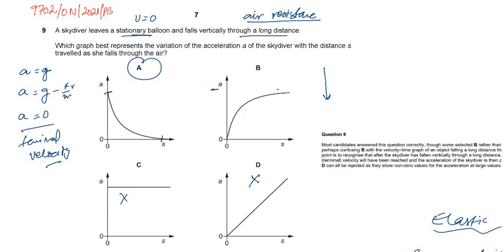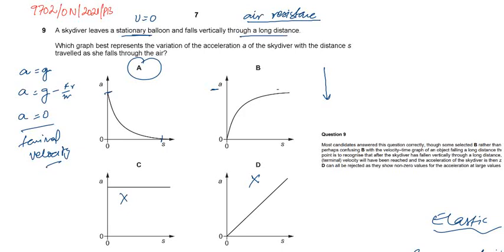So until the acceleration becomes zero. Until the acceleration becomes zero, that means at that time terminal velocity arrives. This point caused confusion for some students in 2021 on this paper.